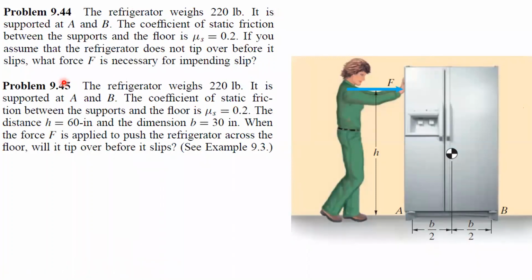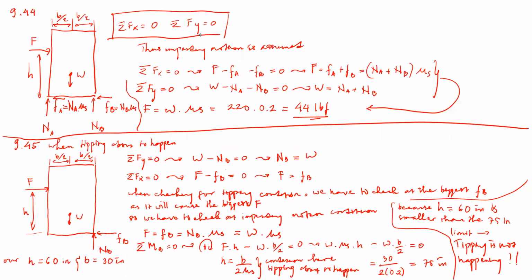When we can assume that it doesn't tip before it slips, we don't have to calculate for the tipping condition. So in this case, we just calculate normally to find the F at the impending motion condition. Okay, thank you, sir. Then this is the result for that one.